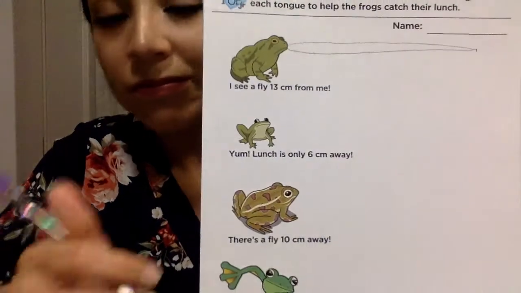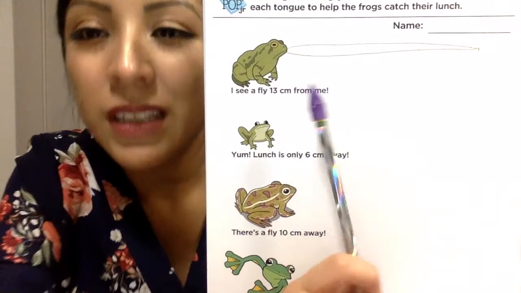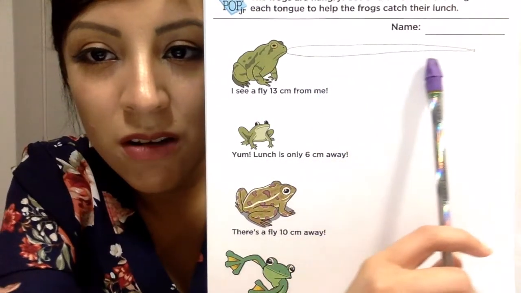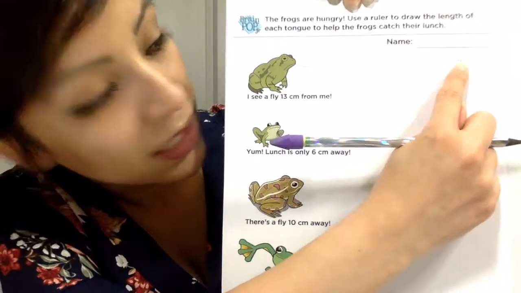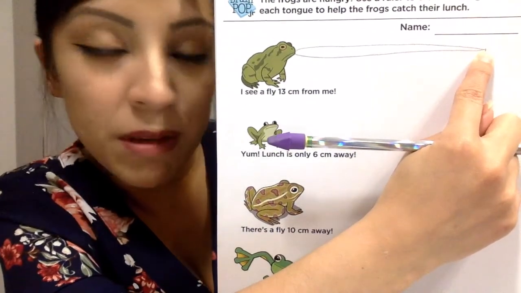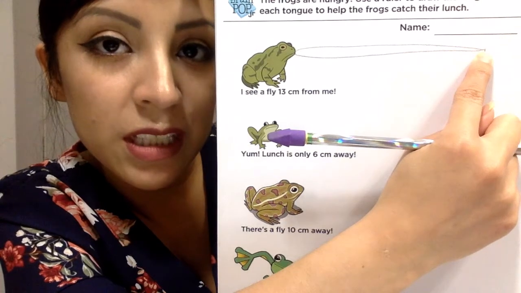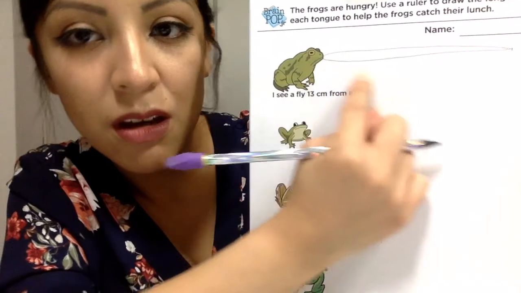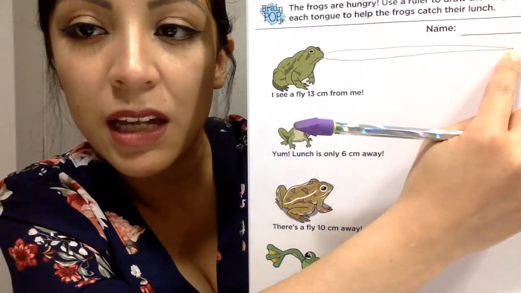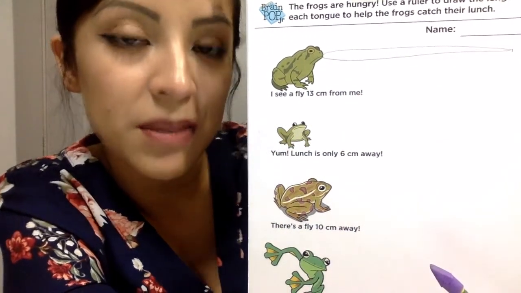Okay, so I just drew a tongue, but I made sure to make it all the way to this line. This line right here was the one that we measured with our ruler to 13 centimeters. So from the edge of his mouth all the way to that line was 13 centimeters.